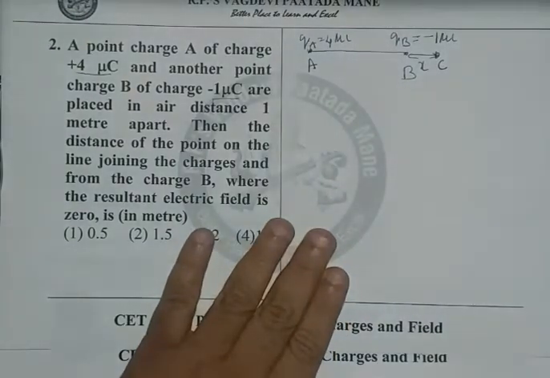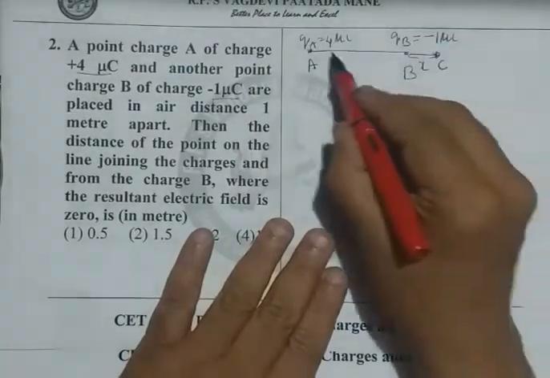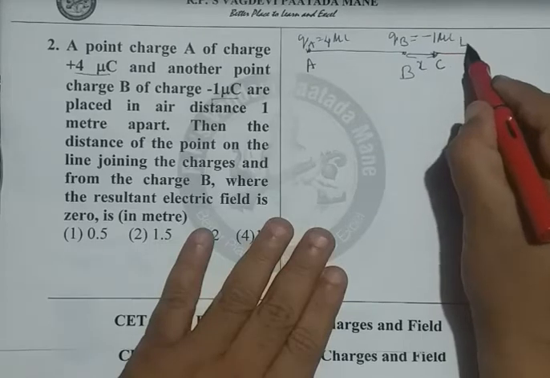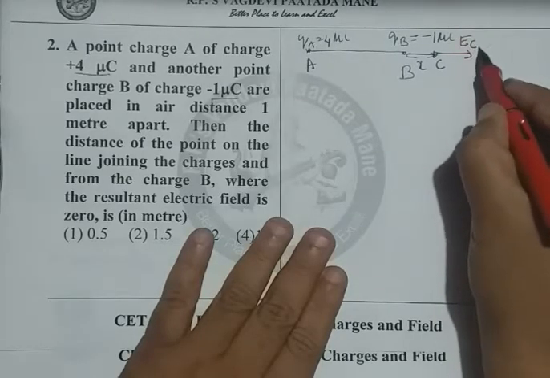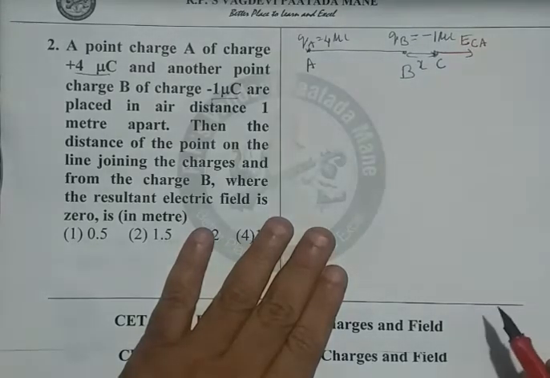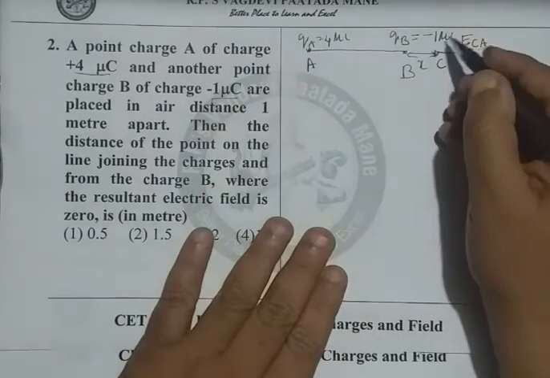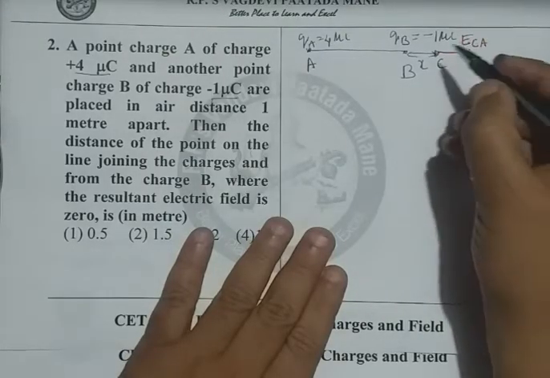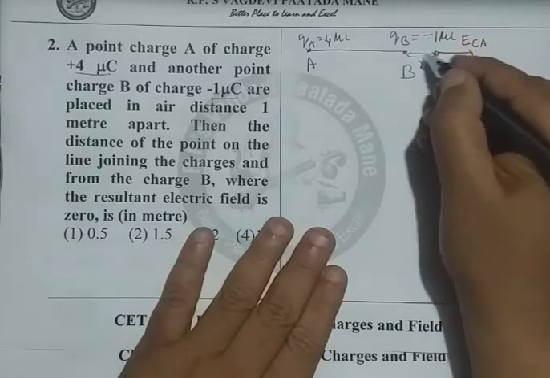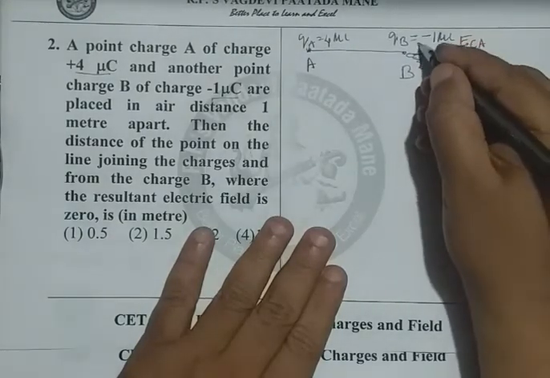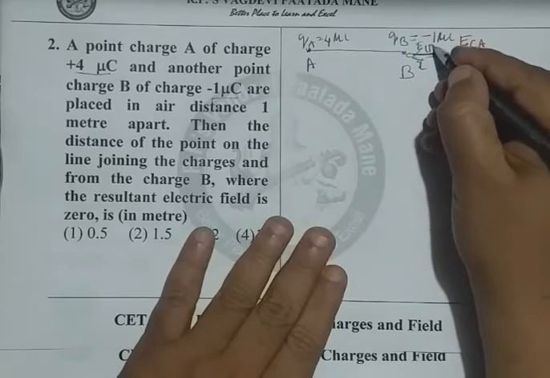One is the electric field due to charge A, which is repulsion there, and I can write it as ECA, the electric field intensity at C due to charge at A. In the same manner, due to minus 1 microcoulomb, the electric field intensity at C is attractive towards B. Therefore, I can write this as ECB.